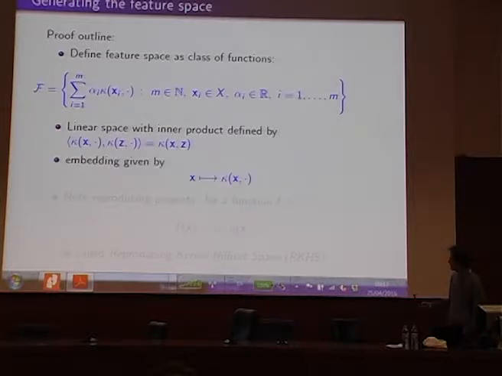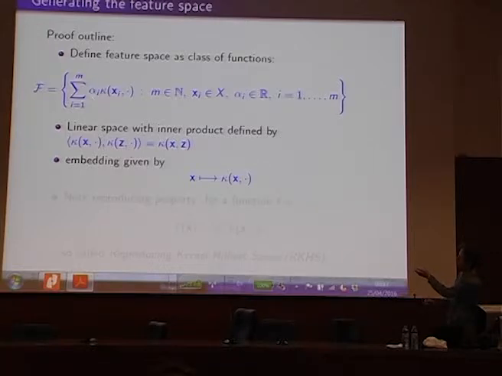We embed the input space into F by mapping the input x into the function that evaluates a point relative to x. To repeat, these are functions, and this defines the inner product only on these simple functions.